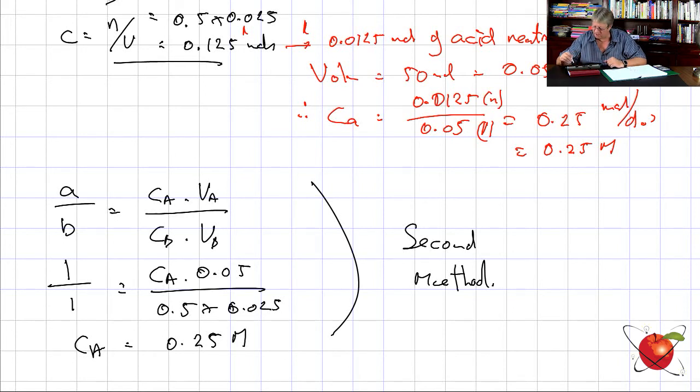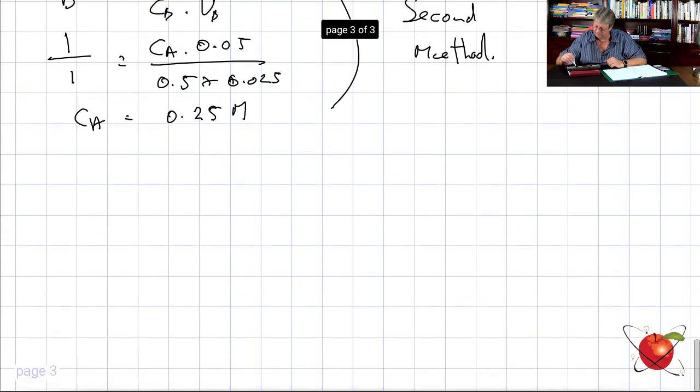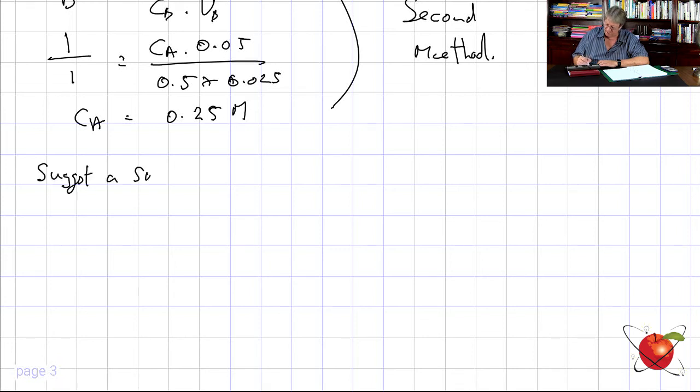The second one uses the formula. We are going to look at another one now. I'm going to put up another one. They've said suggest a suitable indicator. What did we mix?